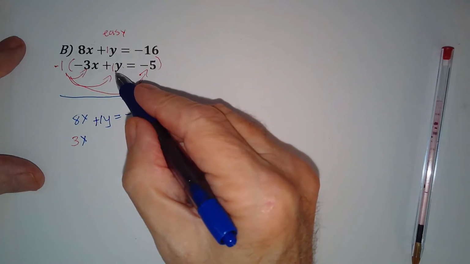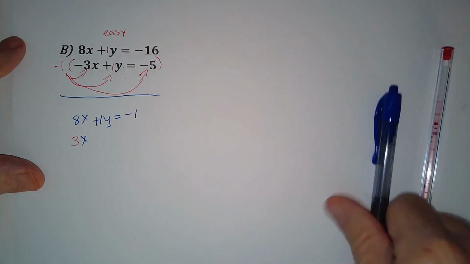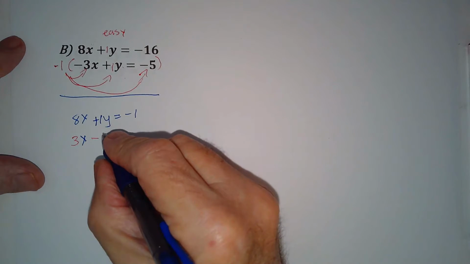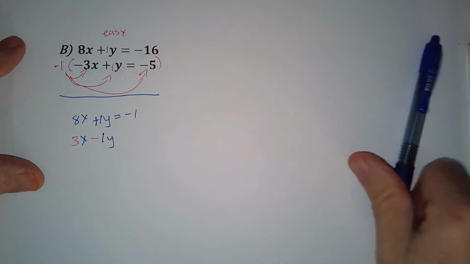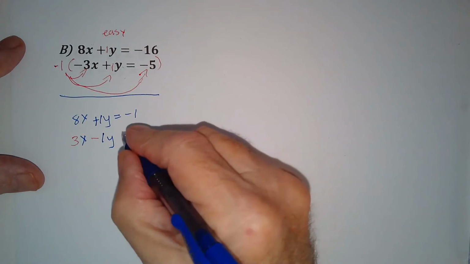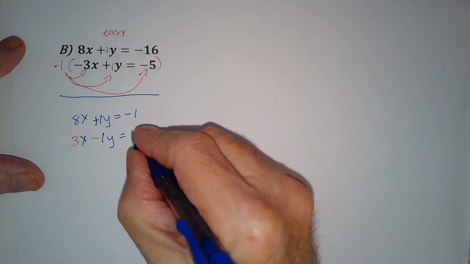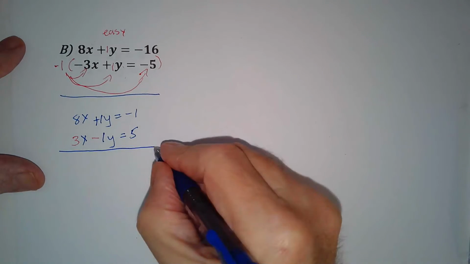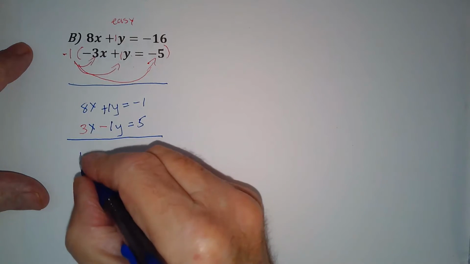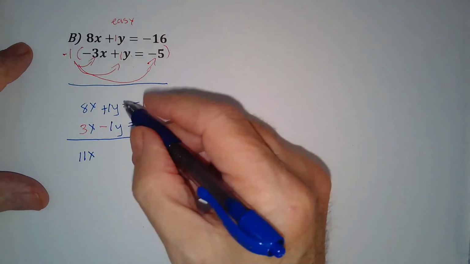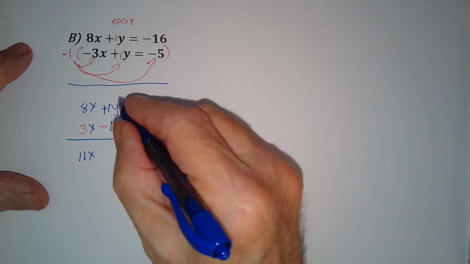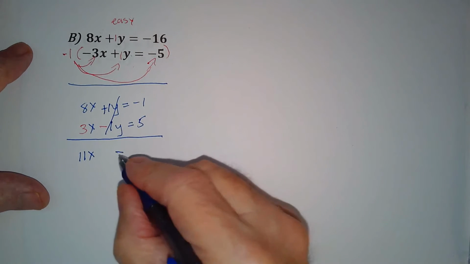Negative 1 times positive 1y, that's going to give us negative 1y. And the negative 1 times negative 5 is going to give us positive 5. Now we're going to combine them. So 8x and 3, 8, 9, 10, 11. Okay, 11 x's. 1y and negative 1y cancel. They're eliminated.